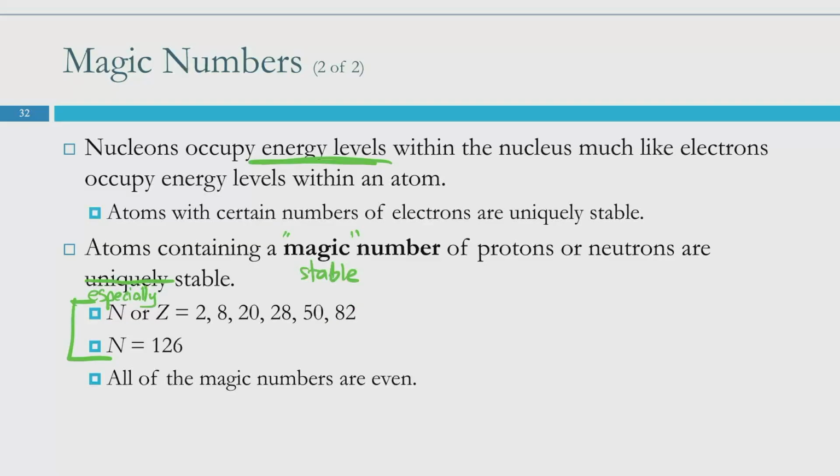Those are our magic numbers. And for neutrons, 126 neutrons is also especially stable. The magic numbers are all even numbers. There's no odd numbered magic numbers.